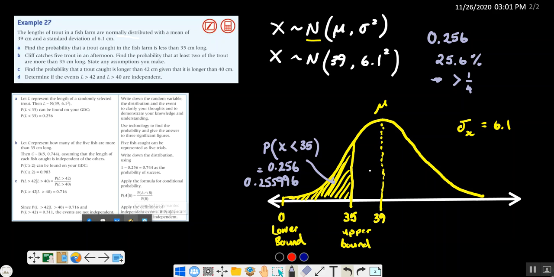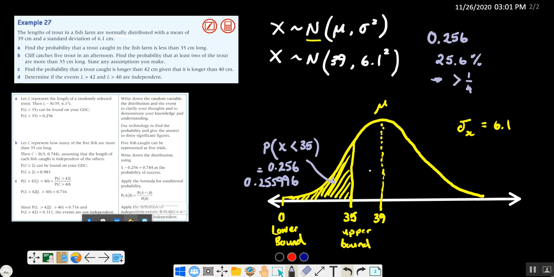So here's a question. How many of my fish would I expect to be less than 35 centimetres long? 25.6% of them, yeah?